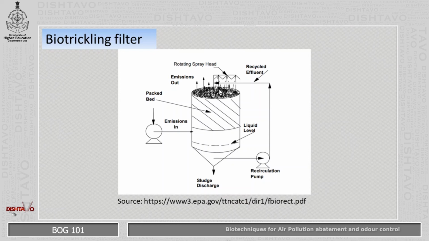The recirculation pump is used to pump the liquid from the reservoir at the bottom to the spray nozzle. Then air passes through the packing, and the pollutants are absorbed from the air into the liquid phase to achieve maximum contact with the biomass.